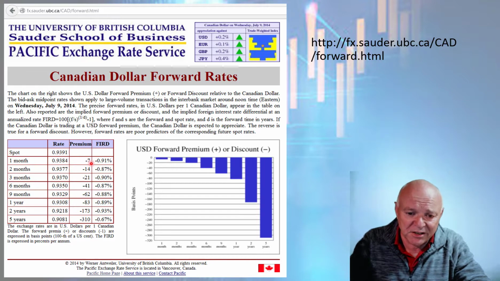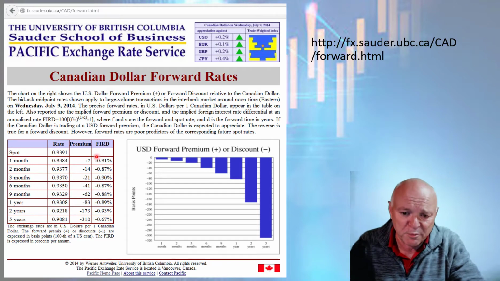So there's actually going to be a 7-point difference between 91 and 84. That's the premium. And the premium expressed as a percentage will be negative 0.91%. And so he's done that for 2 months, 3 months, 6 months, and so on.